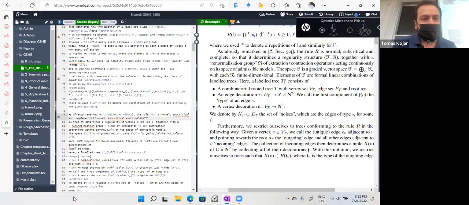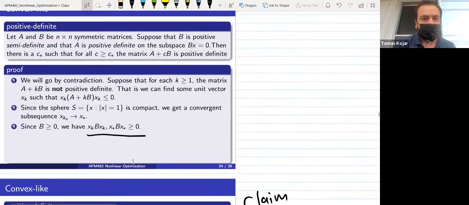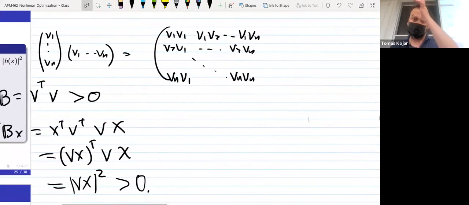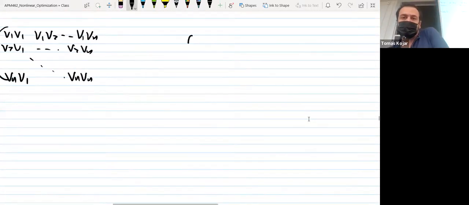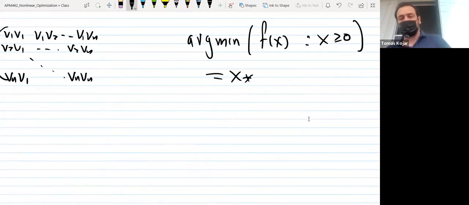What does arg mean? Oh, that was an old one. Let me find it, and I'll just tell you here. Arg min means the following. When someone says arg min of a function, given that x is, let's say, positive, they're asking you for x star.